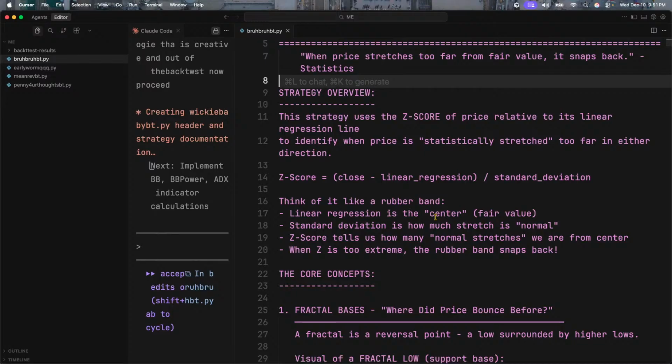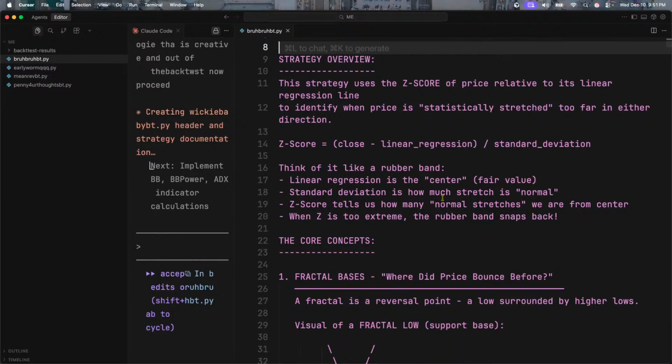Think of a rubber band: the linear regression is the center, the fair value. So in essence, it's like a Bollinger Band, but not really. The standard deviation is how far the price is stretched from its normal. The Z-score tells us how many normal stretches we are from the center. When the Z-score is too extreme, the rubber band snaps back.